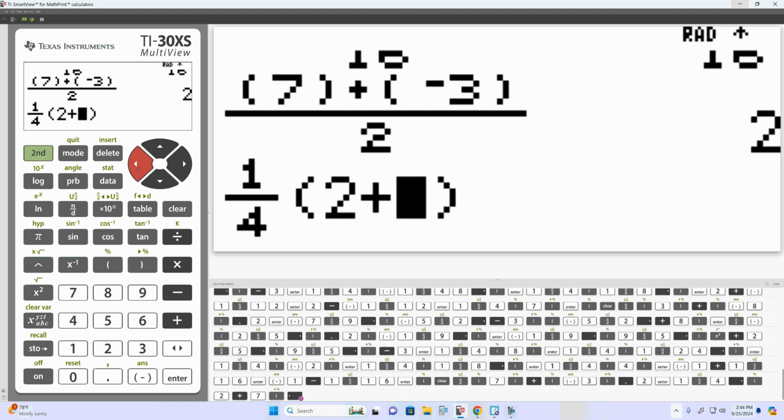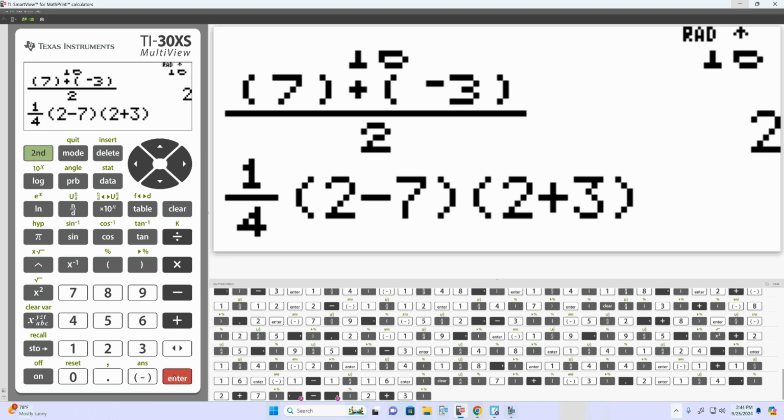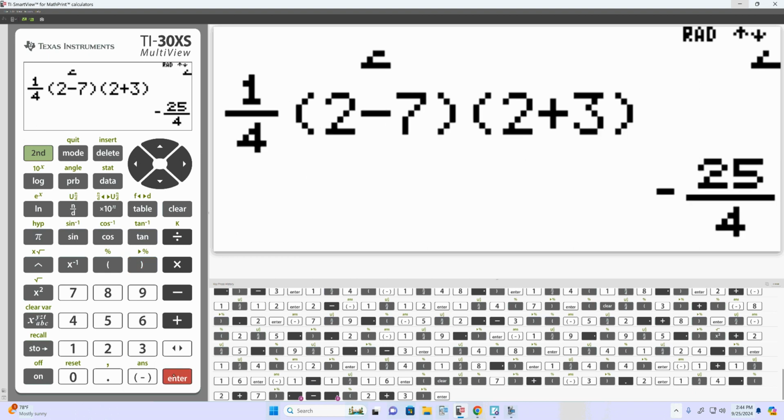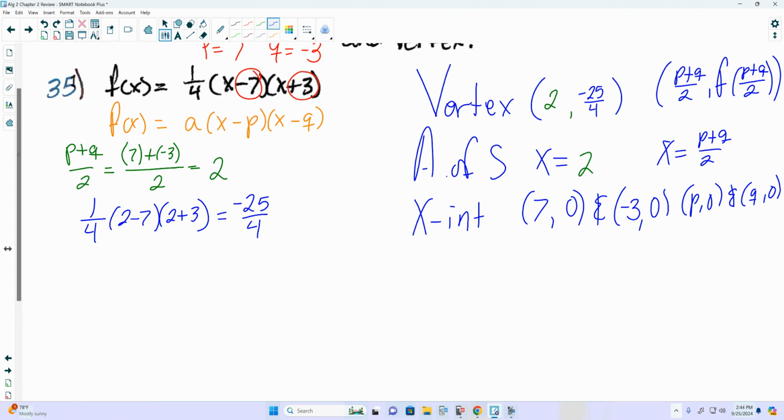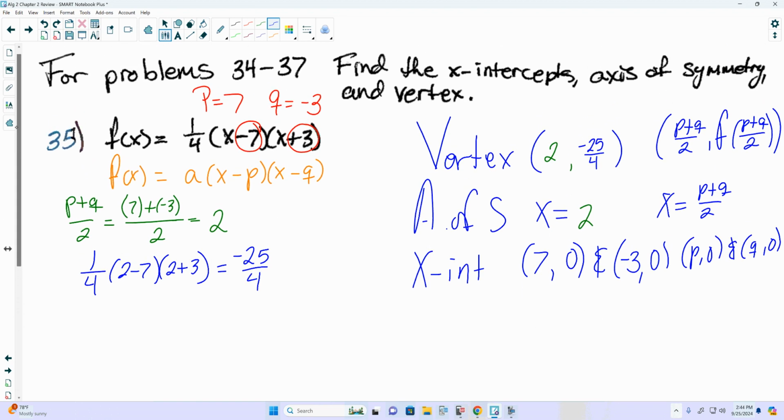Nope, thought I got that wrong. 2 minus 7 times 2 plus 3. -25/4. Questions on this here? Questions on any of this so far?